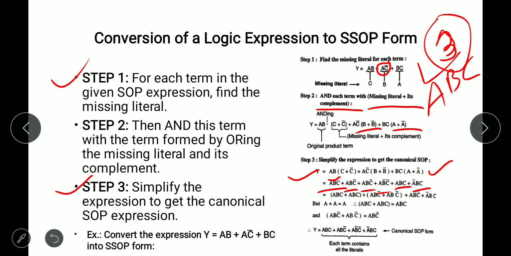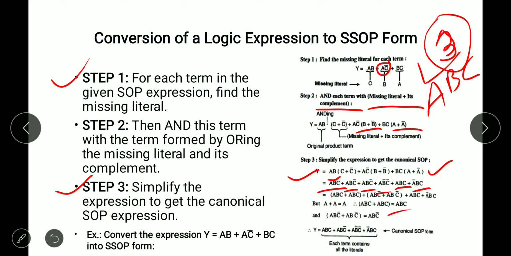We use the OR law, a plus a is equal to a, so ABC plus ABC is equal to ABC. In a simple way, if any term is repeated, write that term only one time.